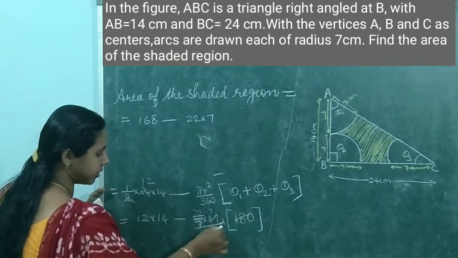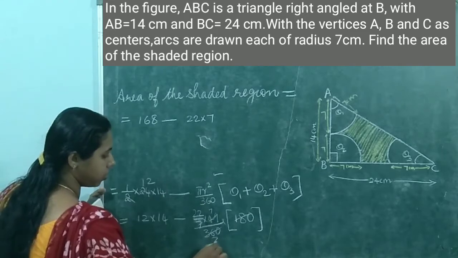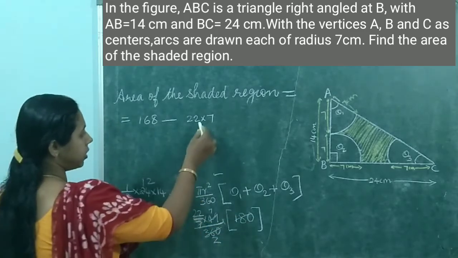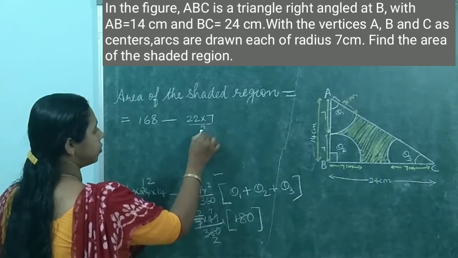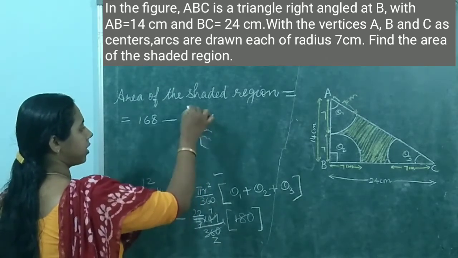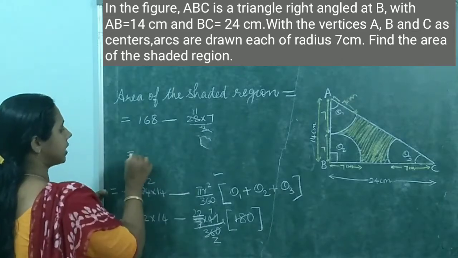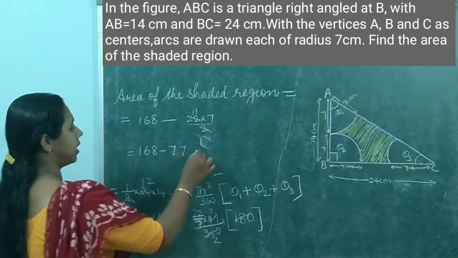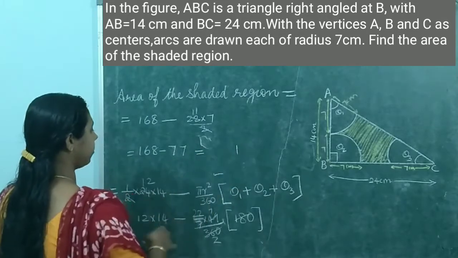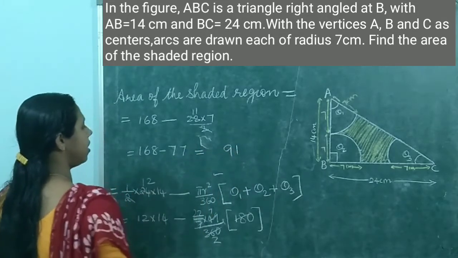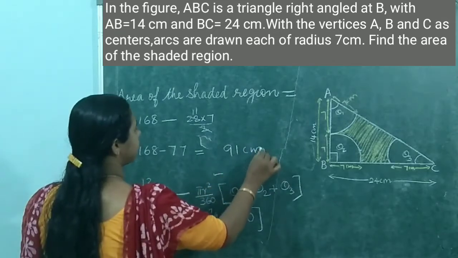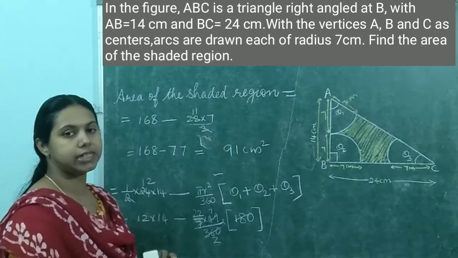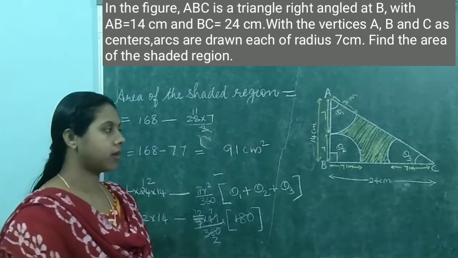Here 180 and 360, the common factor is 2, so 22 into 7 by 2. Again there will be a common factor 2. So 168 minus 77, that is equal to 91 centimeter square. So area of the shaded region is 91 centimeter square.